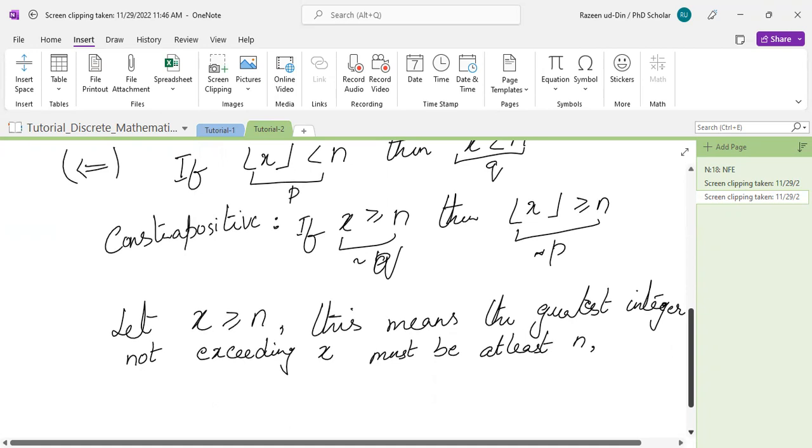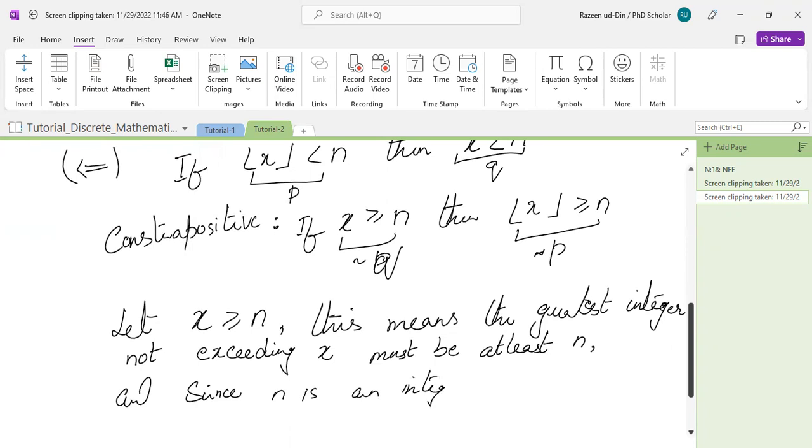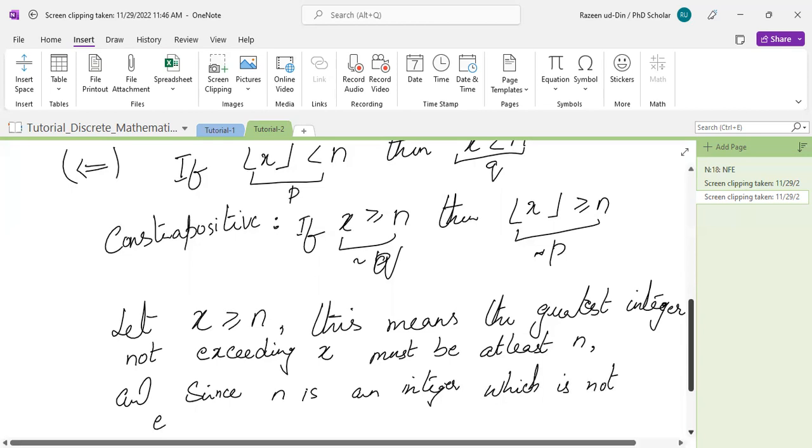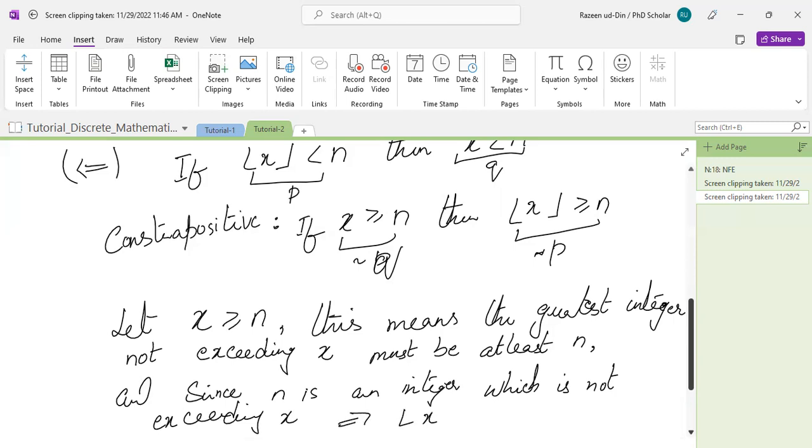And since n is an integer which is not exceeding x, it implies that the floor of x, the greatest integer not exceeding x, is greater than or equal to n, right?